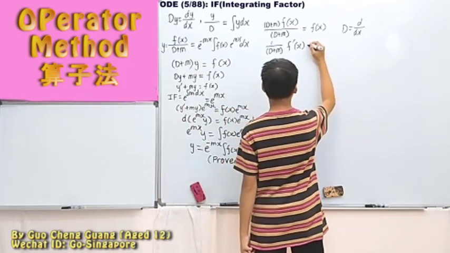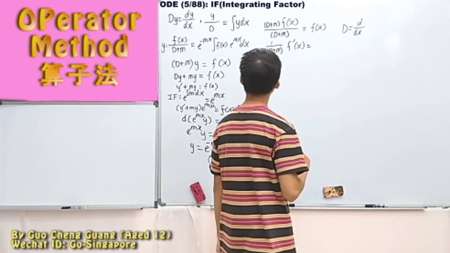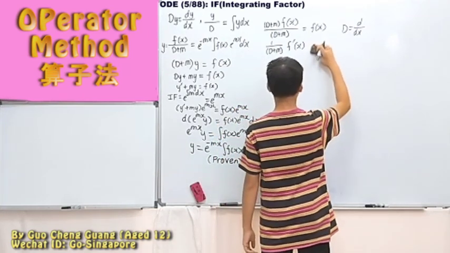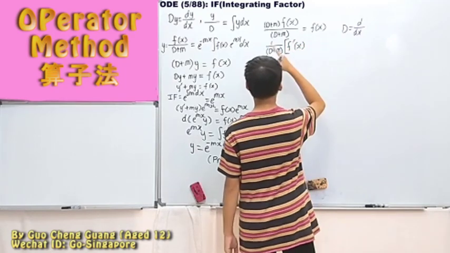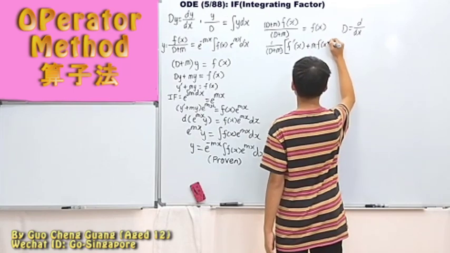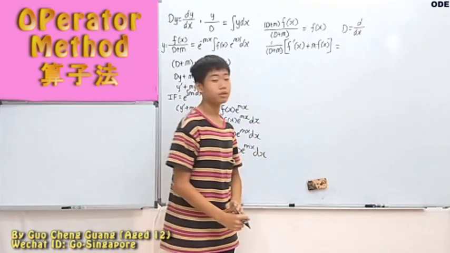So f prime x. Then, wait, how about that m over there? That m over there means you have the plus m f(x). Okay, so this is the part that you have.